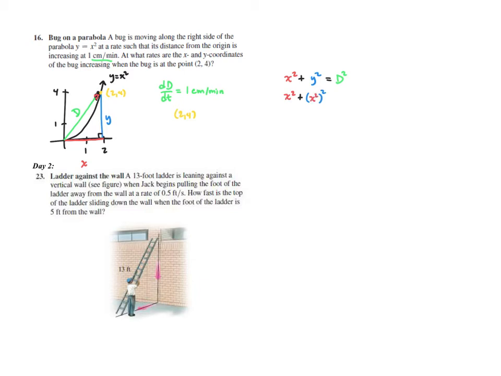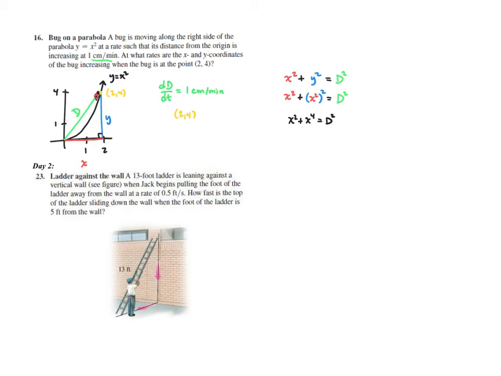And why would I do that? Well, for a couple of reasons. How can I do that? It's because of the relationship here between x and y. I'll show you in just a moment. So I'm going to rewrite this as x squared plus x to the fourth is equal to D squared.